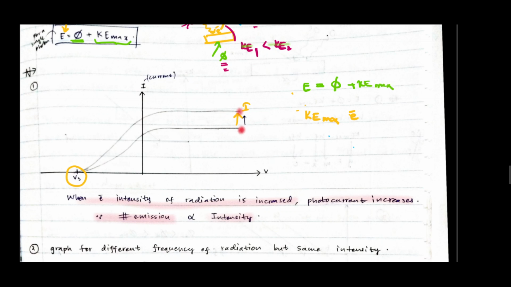E is the same for both cases. Work function is also the same because it's the same material. Therefore, maximum kinetic energy is the same. If maximum kinetic energy remains the same, stopping voltage will be the same for both cases. So when we increase the intensity, only the photocurrent increases, but the stopping voltage Vs is the same. Let's include that point too.